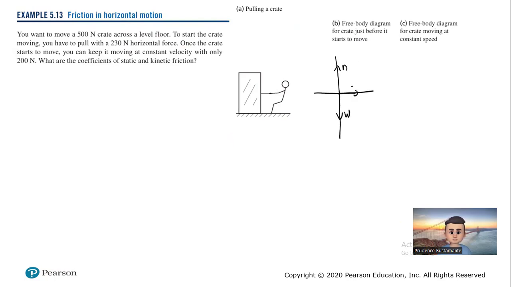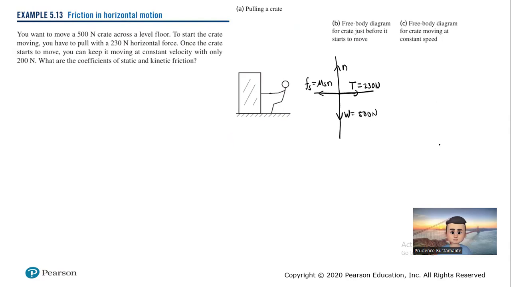We have the applied tension, which just before it starts to move is 230 Newton. The weight is 500 Newton. And the friction here, because the crate is about to slide, is equal to the coefficient of static friction times n, which is the maximum.